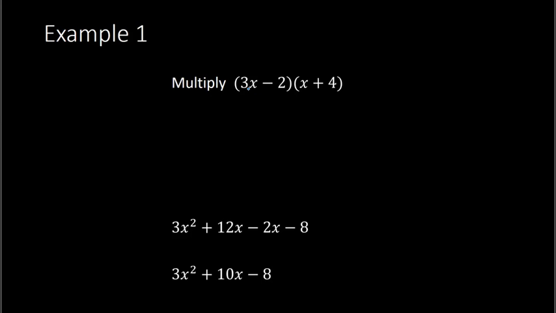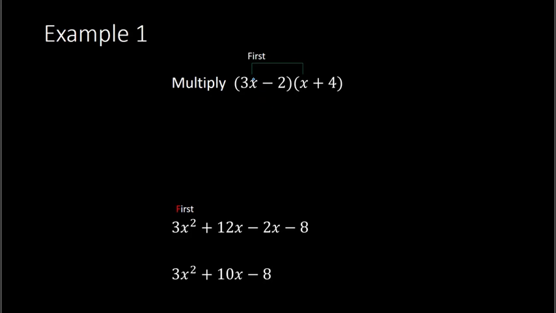So we began by taking the 3x times x, right? So that was the first terms of each one. 3x was first over here, x was first over here. So that first term that we got for our answer, that came from multiplying the first terms of the original question.